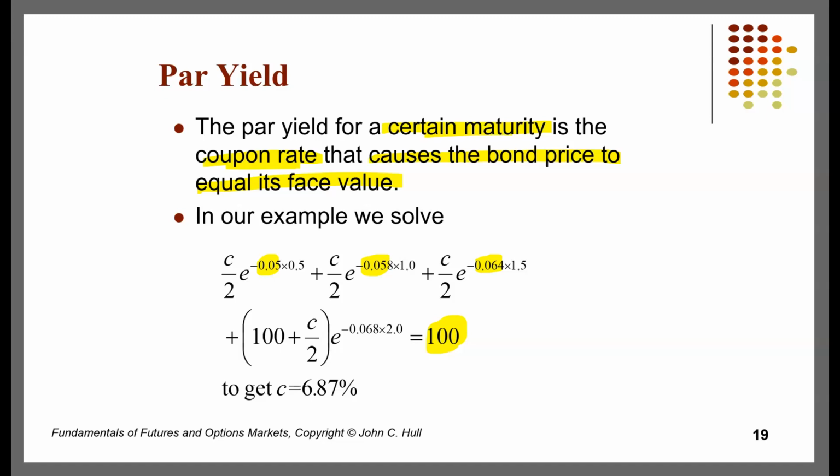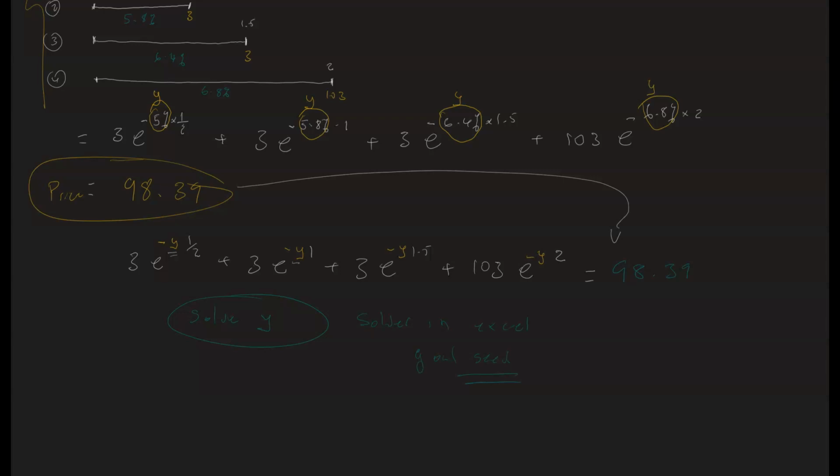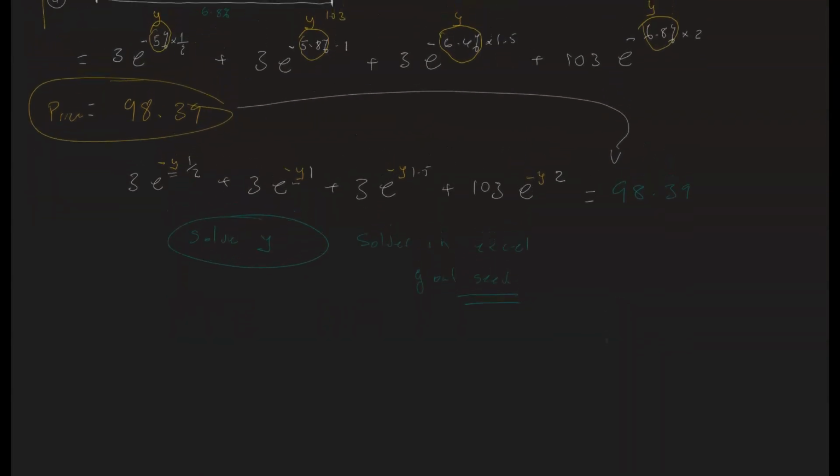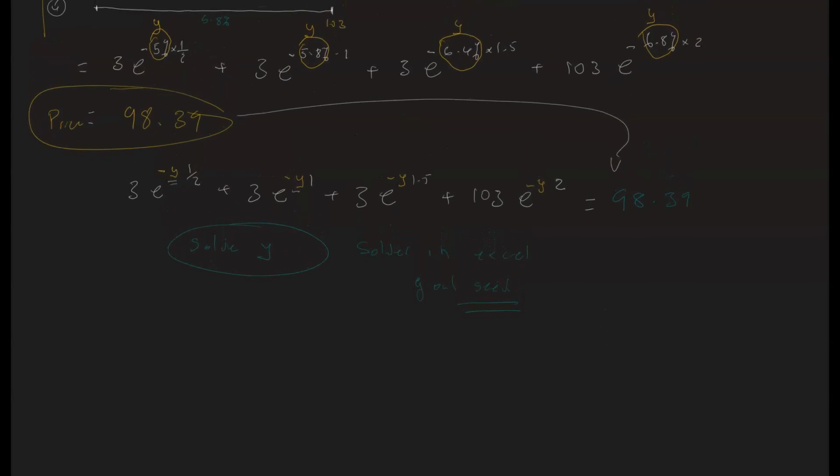Remember, if we go back to our example here, what we have is $3. And what was $3? The $3 we found to be the coupon rate multiplied by the face value of 100, divided by 2.